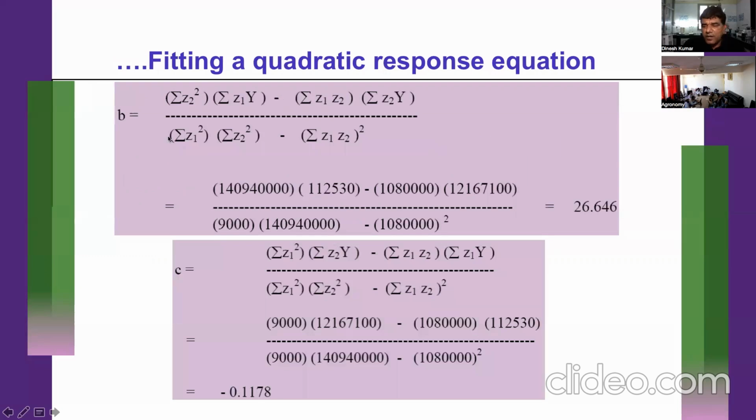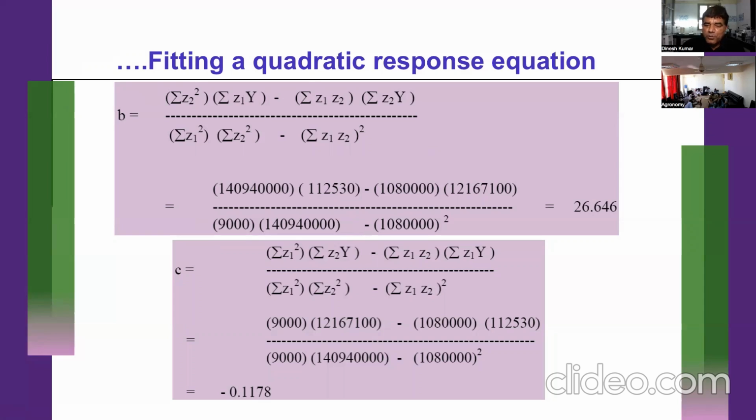Now, you can calculate the value of ABC like this. B is equal to summation Z2 square, and so on. All these parameters you have just calculated, and you can put these values in, you will get the value of B. Similarly for the value of C, you don't need to remember this formula, but whenever required, you can use it if you want to do calculations manually.